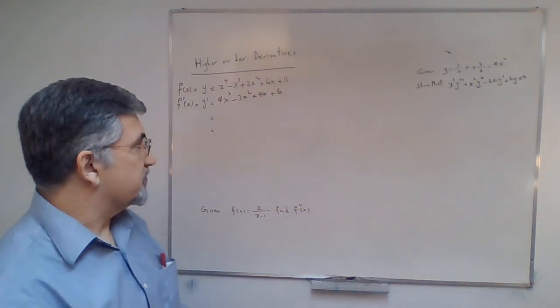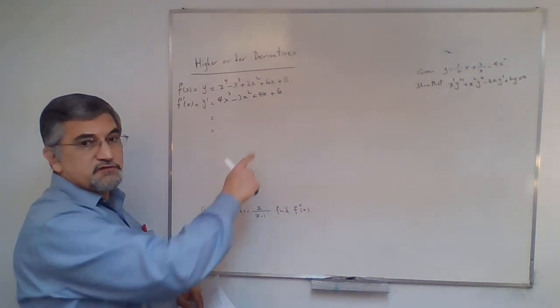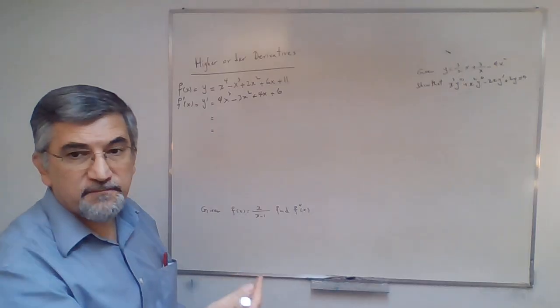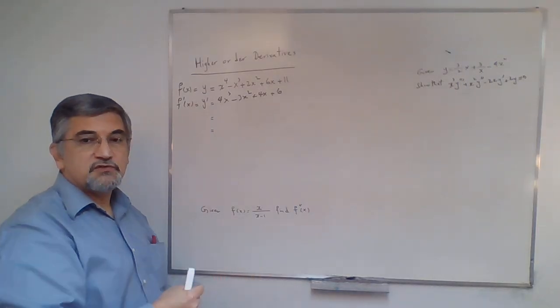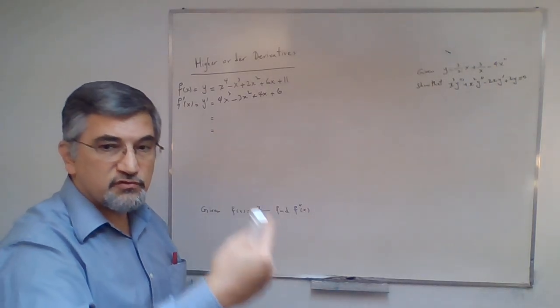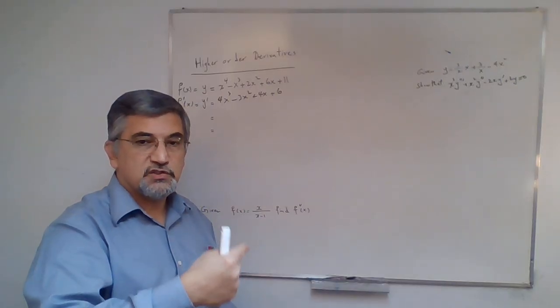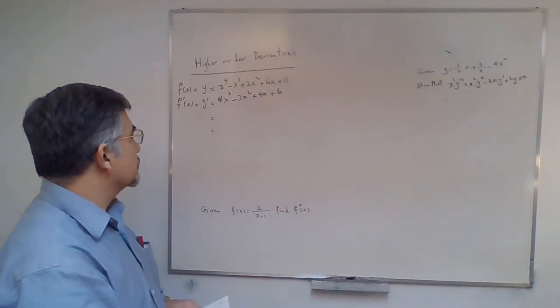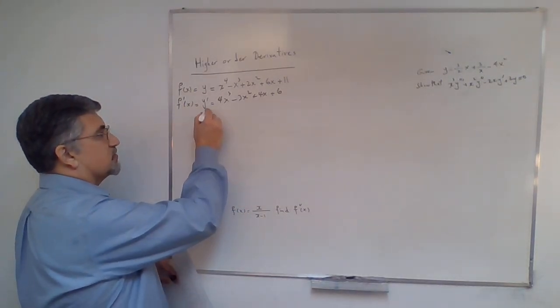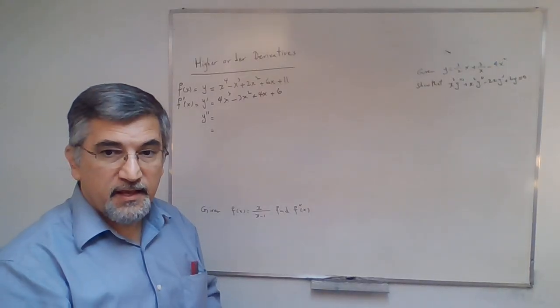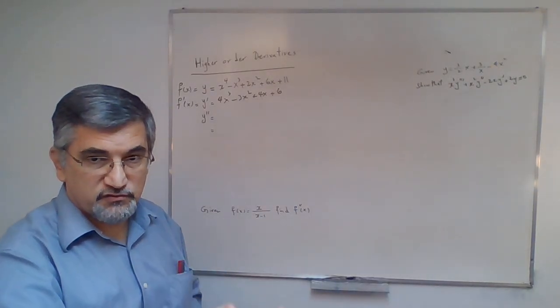We call it the first derivative. Now, imagine that the first derivative itself is a cubic function, is it not? So if it is, then we are trying to find the derivative of the derivative. We call this the second derivative of the function. So the notation we use is y double prime, okay? And that is the derivative of the derivative.